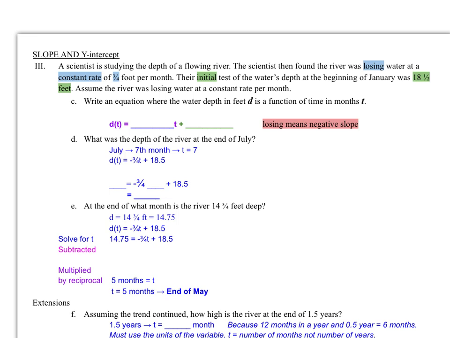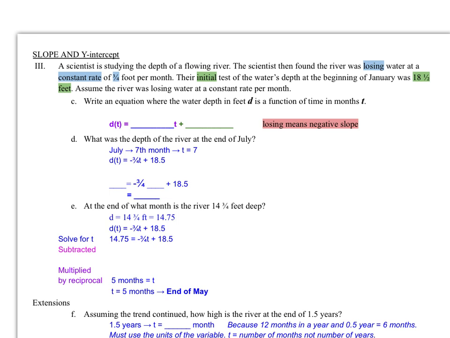Notice that our slope and our y-intercept are given in this problem. If you had scenario 1 or scenario 2, you would have had to solve. But either way, you eventually get to the same scenario. These are three different scenarios about a river losing water based on different information, but they're all really the same problem.